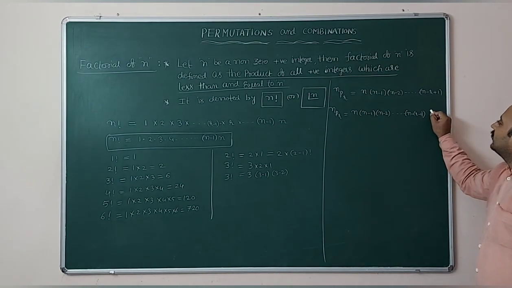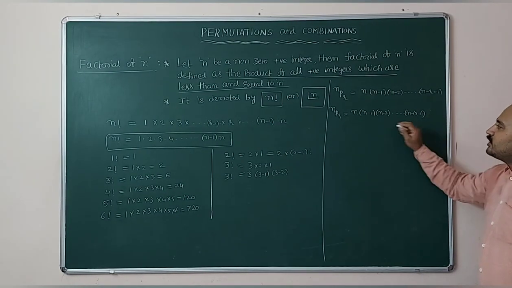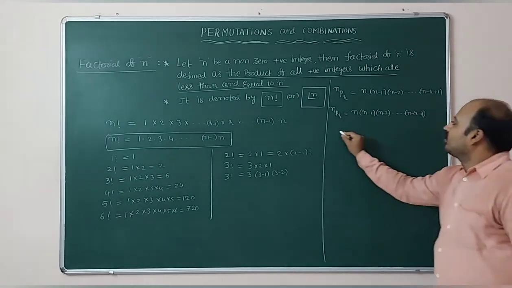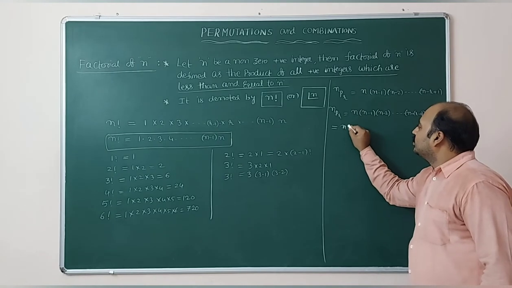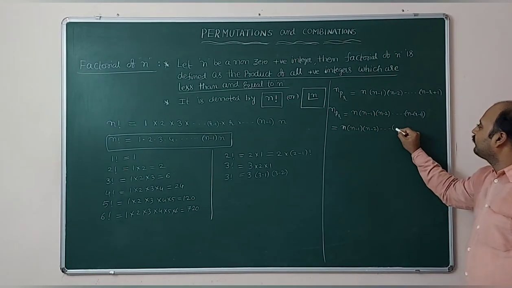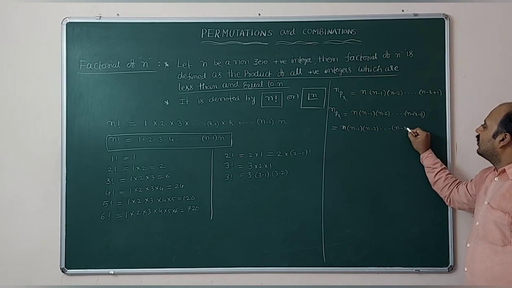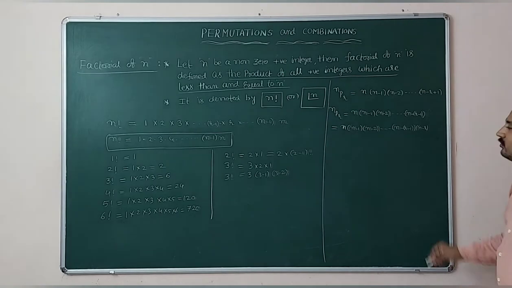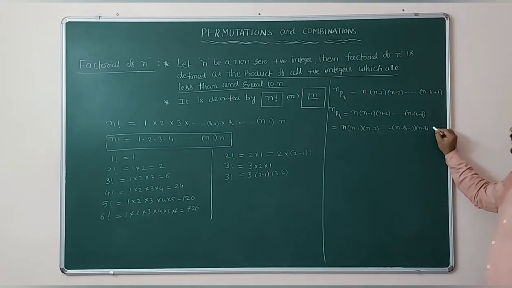So here, we multiply and also divide by the same value, which is equal to n into n minus 1 into n minus 2 into and so on, n minus r, n minus r plus 1 and so on.